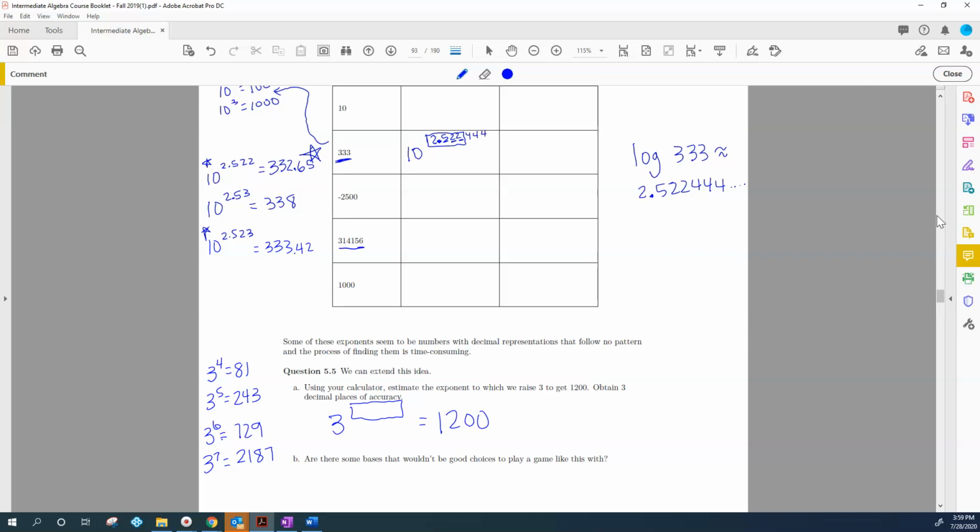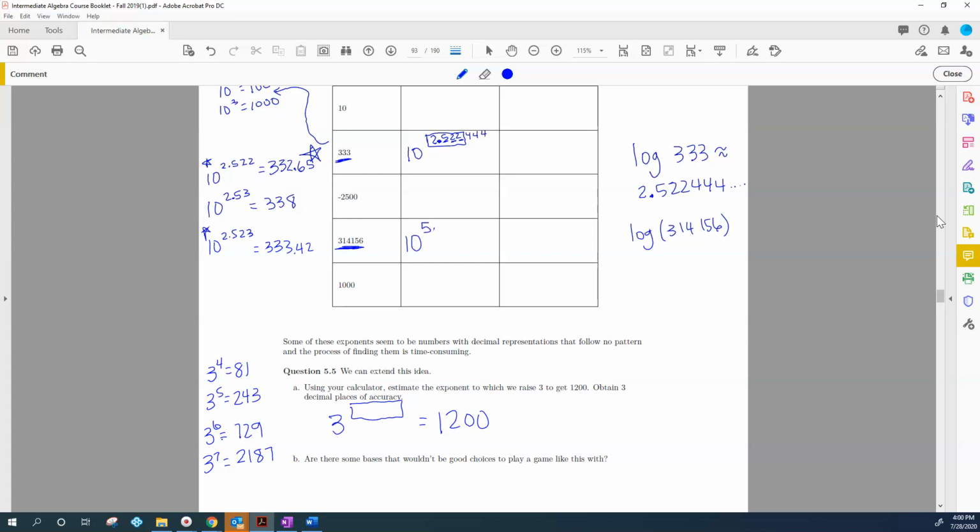So even if we do this one, let's try this one also. You're just doing log of 314156. Try that on your calculator. It's really 10 to the, and the answer they give you is the exponent on that power of 10.